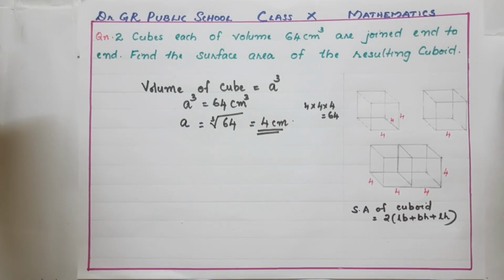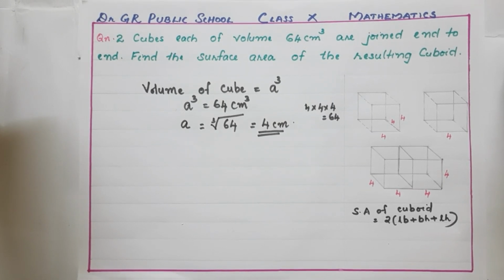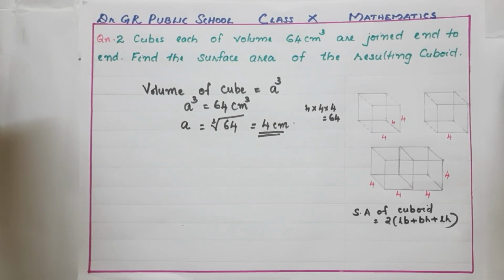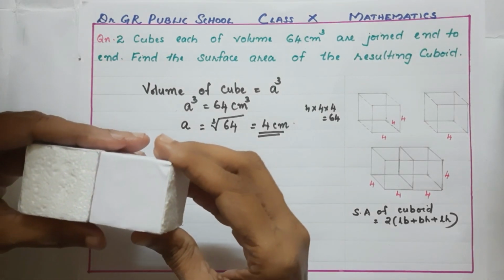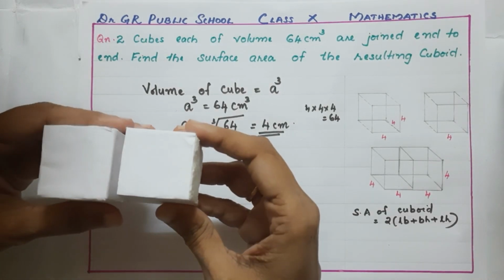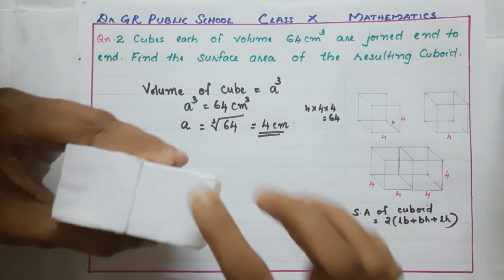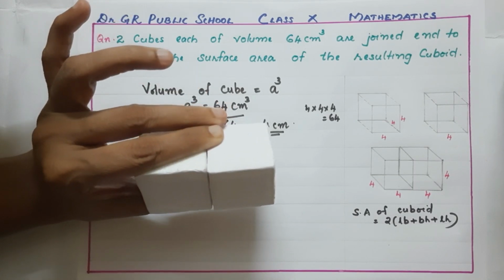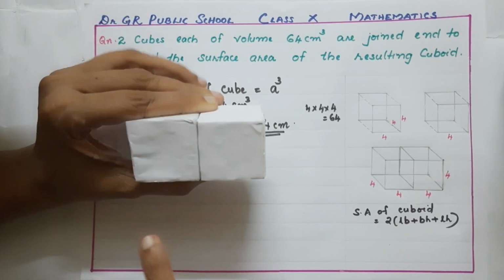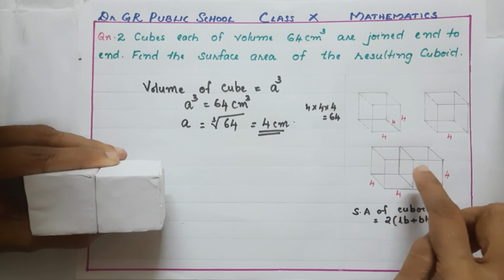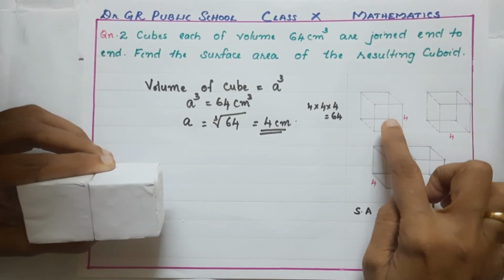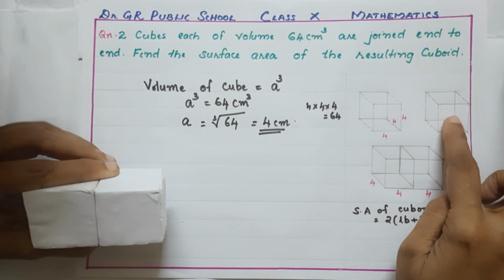See, when we find out the surface area of a solid shape, we have to find the total area of all the visible surfaces. Don't think that the surface area of the cuboid will be the surface area of this cube plus the surface area of this cube.